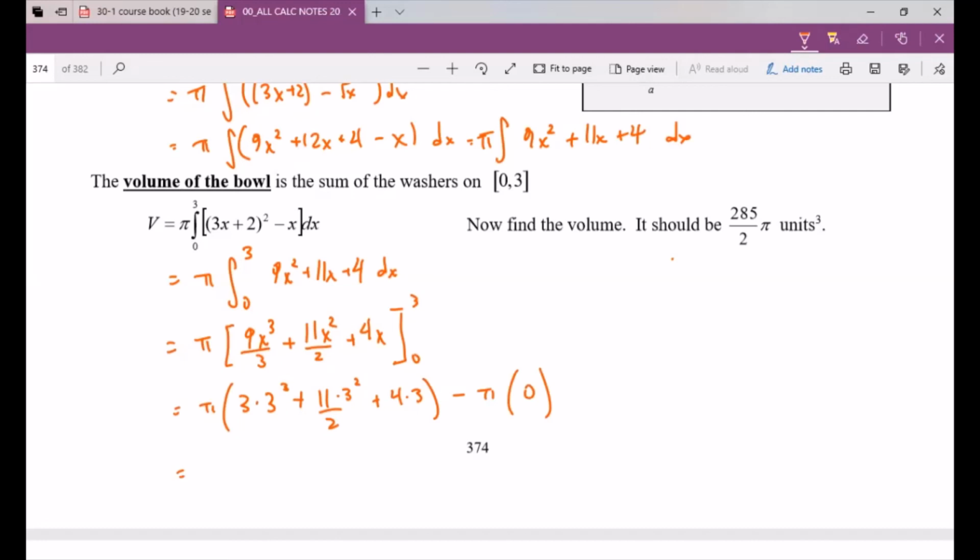So what do we end up with? We end up with pi times 81, plus 99 over 2, plus 12. Putting all those pieces together, 93 times 2 is 186, plus 99 over 2. Getting a common denominator, this ends up being 285 pi over 2.